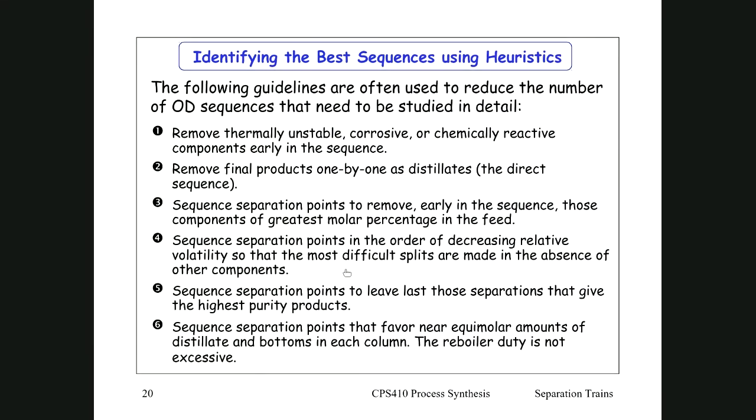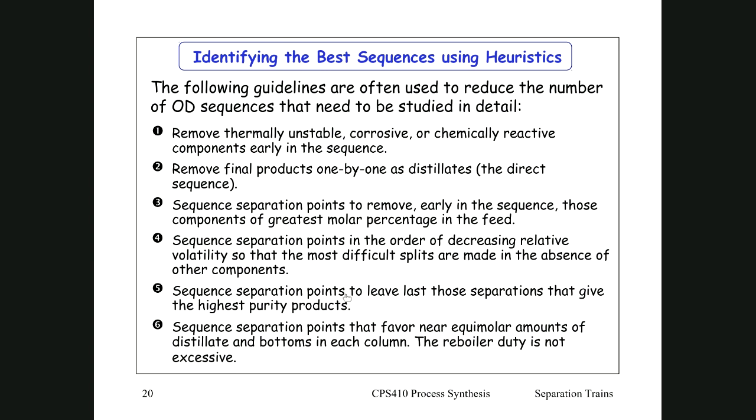Right, so there are two things. First, make the first separation with the easiest split, the highest relative volatility. And then eventually, that means that you will be doing the most difficult splits in the absence of other components. So you'll see the importance of this particular heuristic in the class example that we're going to be doing next.